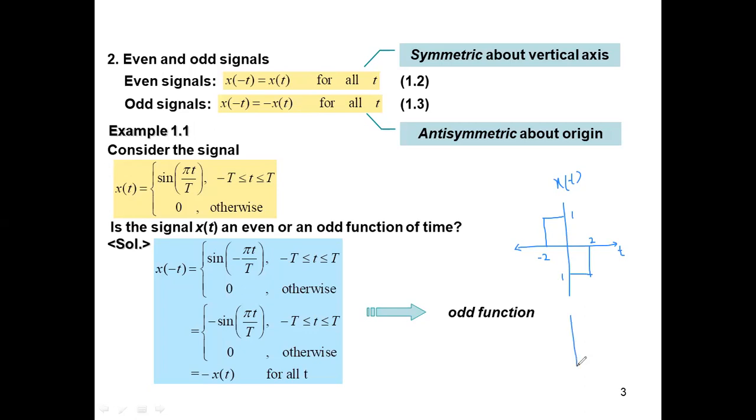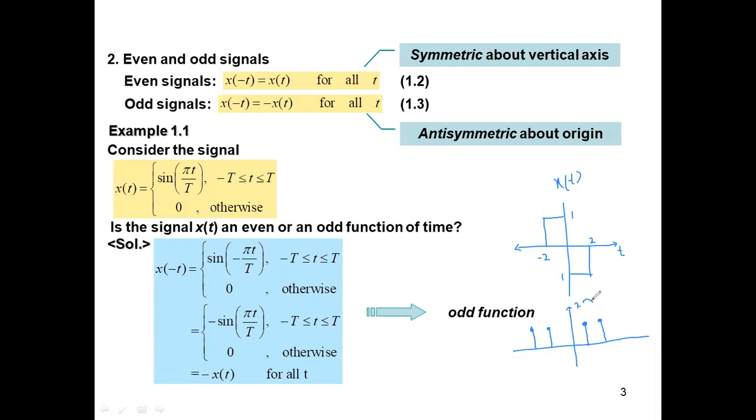And let me ask you one more. Let me draw a signal here. Now see, one of them is a continuous time.